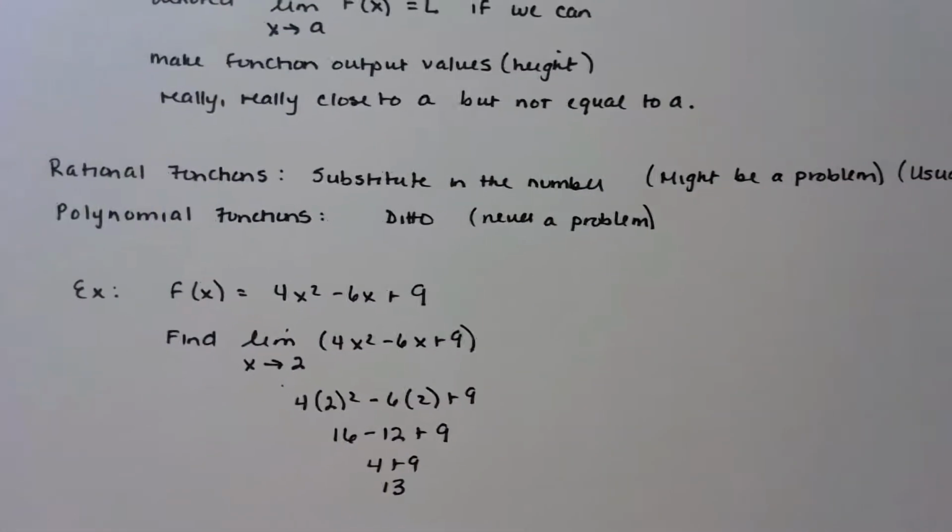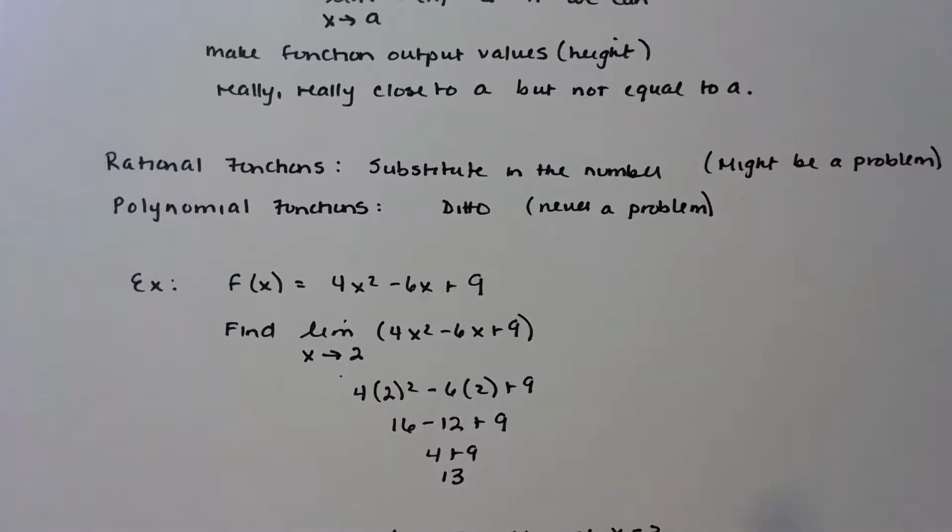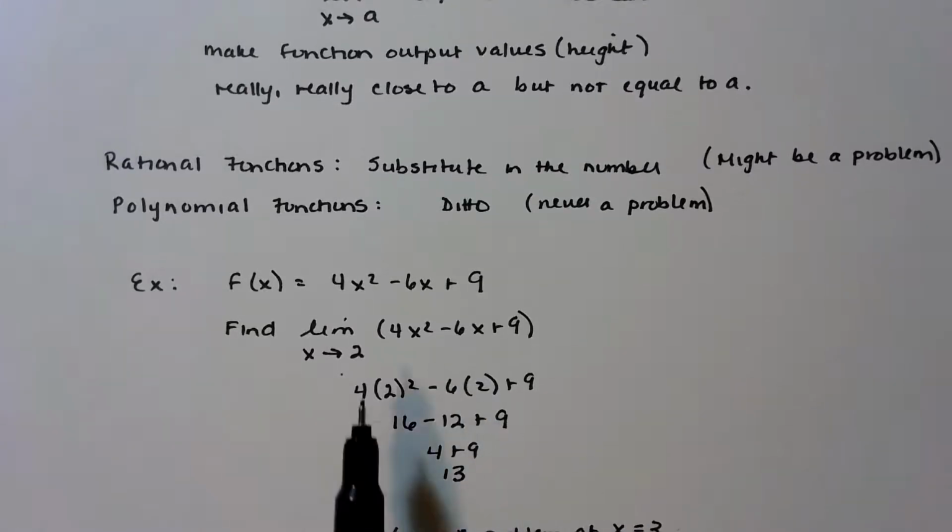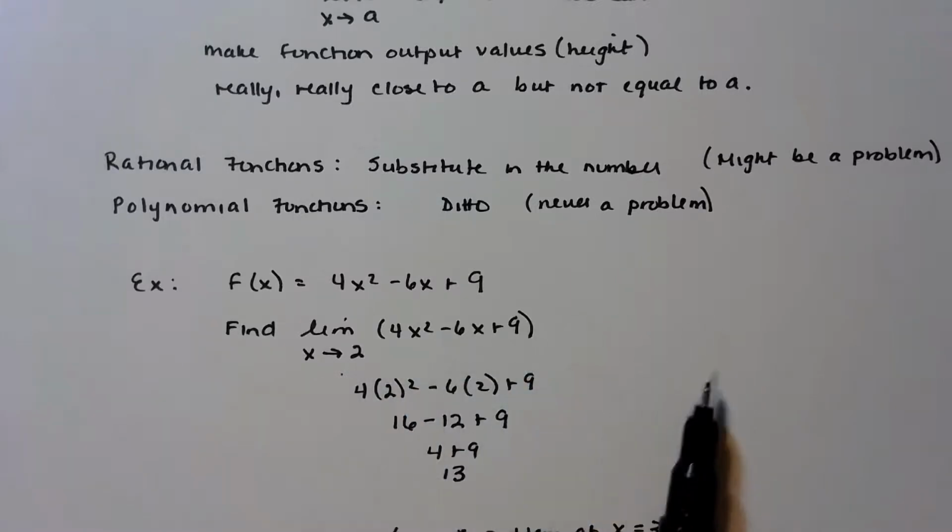So let me show you a polynomial function real quick first. This is just some random polynomial that I made up a minute ago. What I'm asking you to do is find the limit, or the height of the function, when x approaches 2. Remember, we're going to get really close to the number 2 from the left and the right, but we're not actually going to go onto the point. It's sort of like standing at the edge of a round pool.